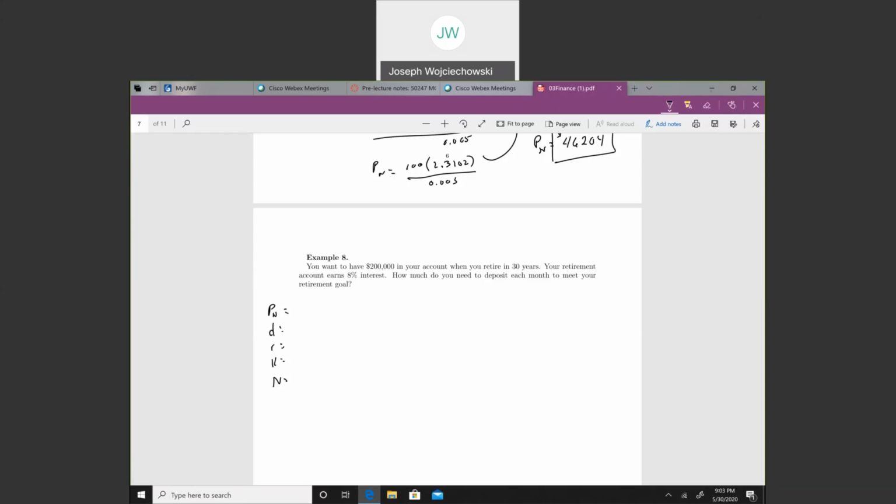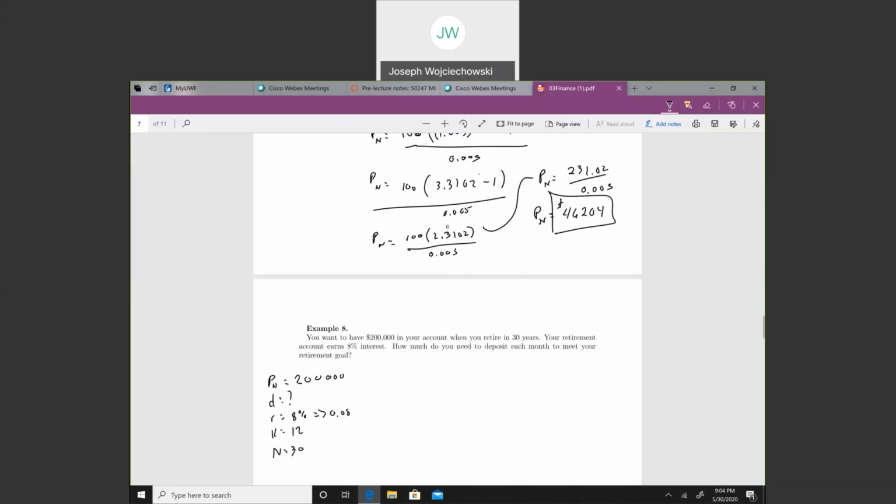So principal after n years is 200,000, and it's after 30 years. Your retirement account earns 8%. So R is 8%, or 0.08. How much do you need to deposit each month to meet your retirement goal? So we're looking for D, and it's monthly, so K is 12.